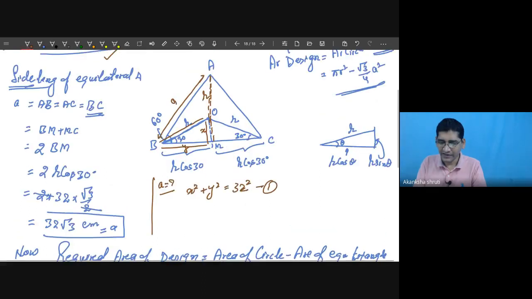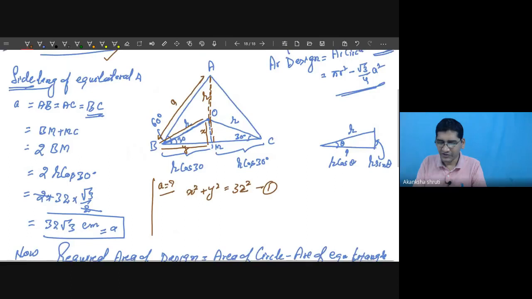Another one is y square, but this time this is x plus r, this much square is equals to the side length a square. Are you getting? This is the second one. This way you have to solve. Is it difficult? Not difficult. Just simplify the second one.